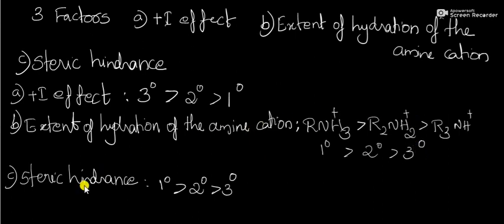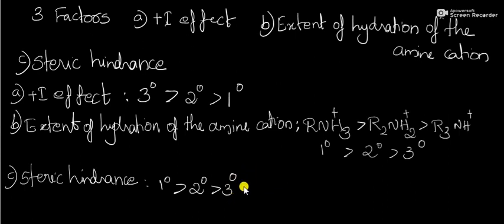Another factor is steric hindrance of the alkyl groups, which hinders the availability of the lone pair of electrons on the nitrogen. Tertiary will be the more sterically hindered amine.